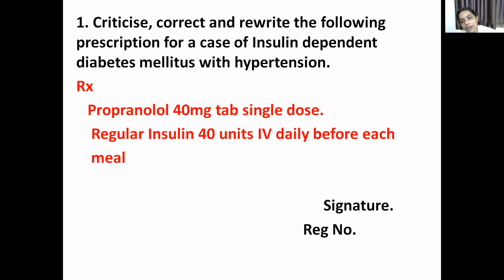So normally when an insulin dependent diabetes mellitus patient is taking an antihypertensive drug, he should be very cautious, because whenever a person is dependent on insulin, there is a chance that he might forget his meal and take a dose of insulin, or there could be an overdose of insulin that might result in hypoglycemia. So whenever hypoglycemia is there in the body, it is a stress situation which stimulates the release of adrenaline.